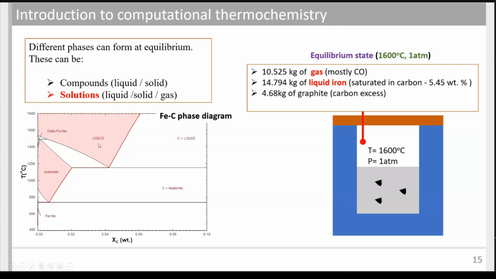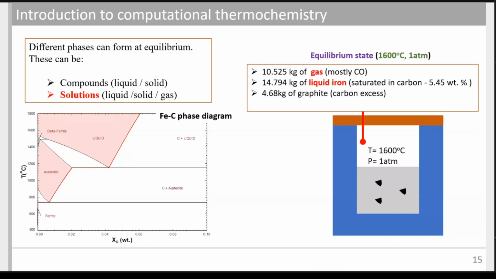In this case, we have the liquid, and the particularity of a solution is that it is stable for a range of composition. This is how you distinguish between a stoichiometric compound and a solution. And if we go to lower temperature, of course, iron will solidify, and first we'll go through a tiny solid solution that is difficult to see here, delta ferrite, and then go to the austenite FCC solid solution.